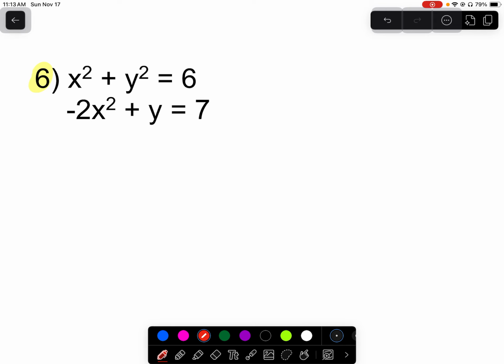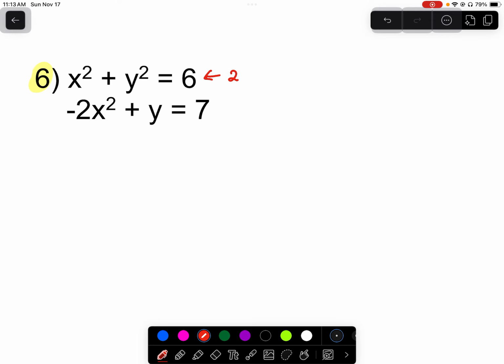Now, in the last problem, I eliminated the x squared from my problem, which is totally okay to do. We could use substitution on this problem, but I think elimination to eliminate these x squareds is probably our best bet. So let's multiply this top equation by positive 2.